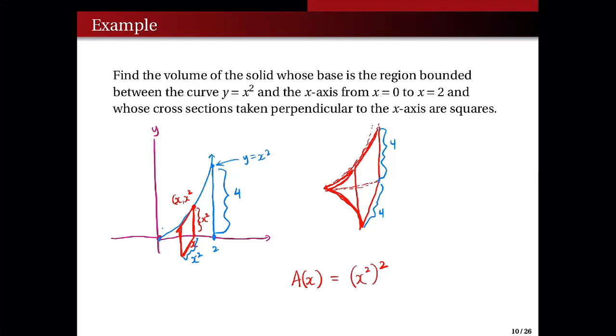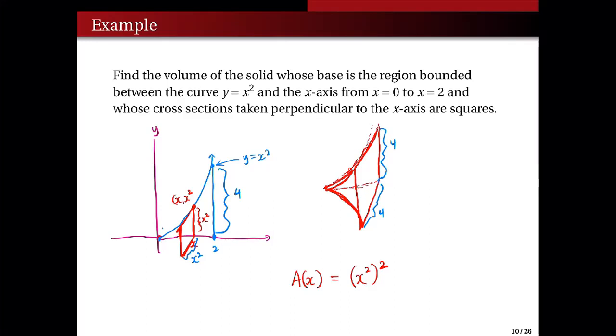Yes, question. Could you repeat why it's in terms of x and not y? Okay, in here, the cross sections are taken to be perpendicular to the x-axis. So this is a cross section. If you have another cross section here, it's still perpendicular to the x-axis.